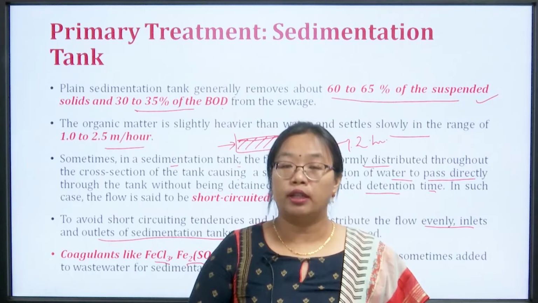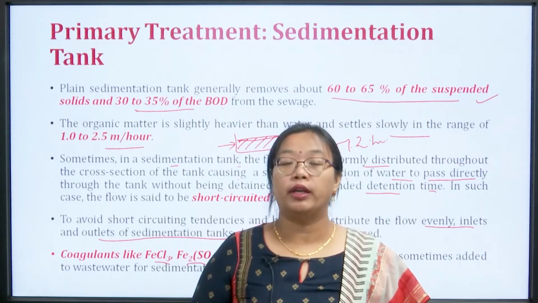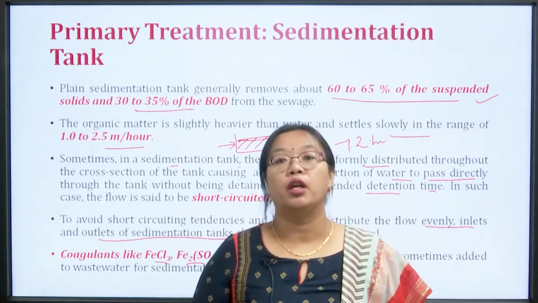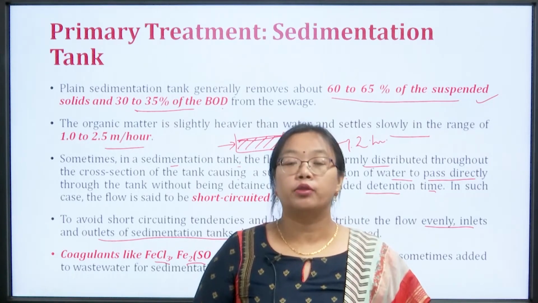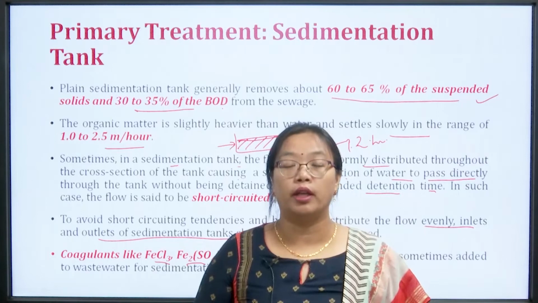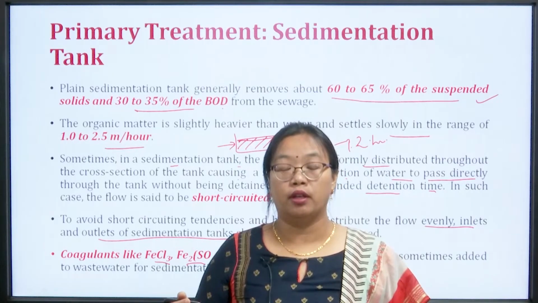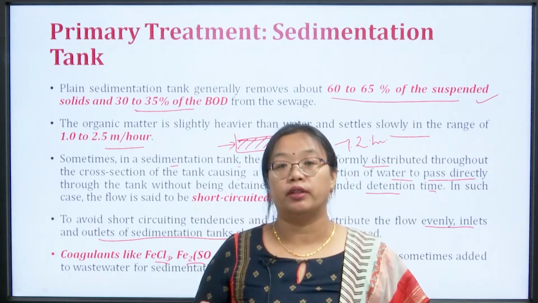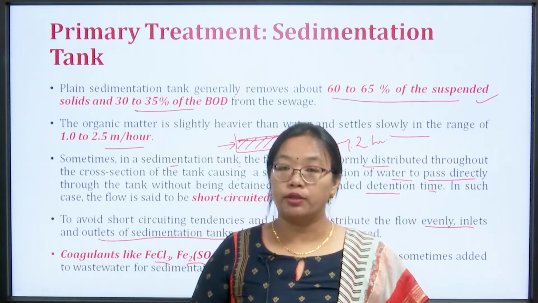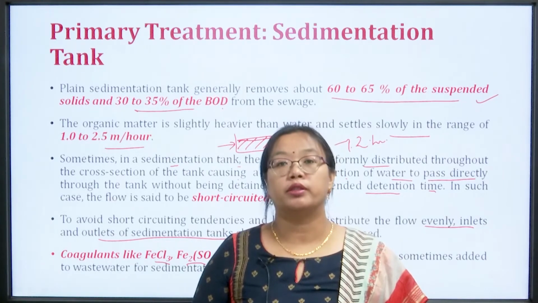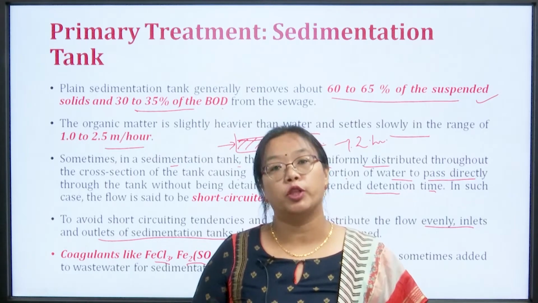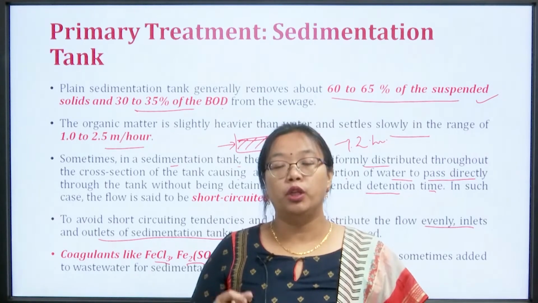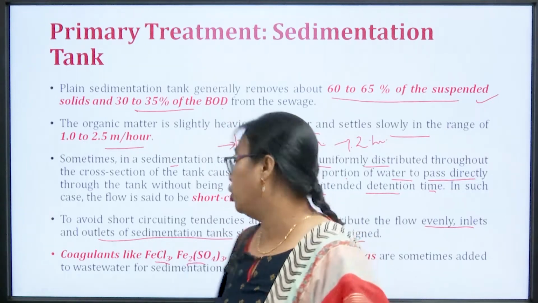We can have either plain sedimentation, in which you do not add any type of chemicals, or else you can add coagulants like ferric chloride or ferric sulphate. But in most cases we do not use sedimentation with coagulation for wastewater treatment. Most of the time we do not use this.